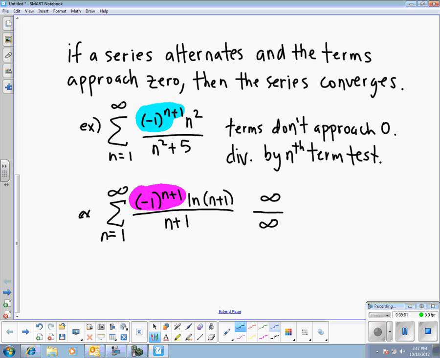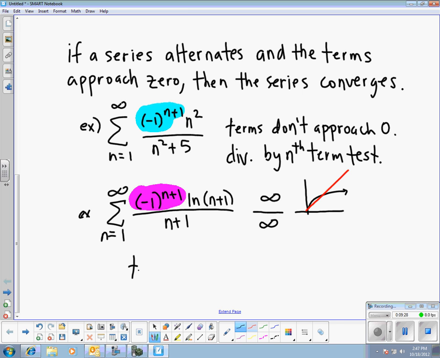Even just a straight line will end up dominating natural log in the long run, because natural log infinity is slow, and linear infinity is mediocre. So in the long run, the bottom will get huge, while the top gets huge slower, and therefore this does in fact go to 0.